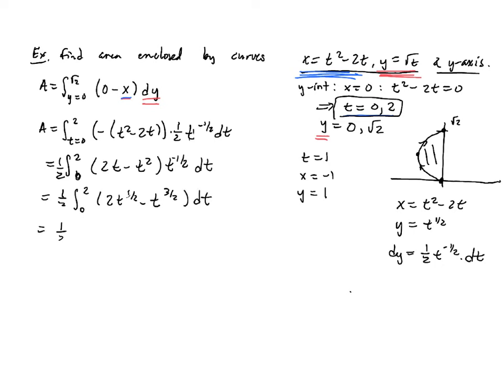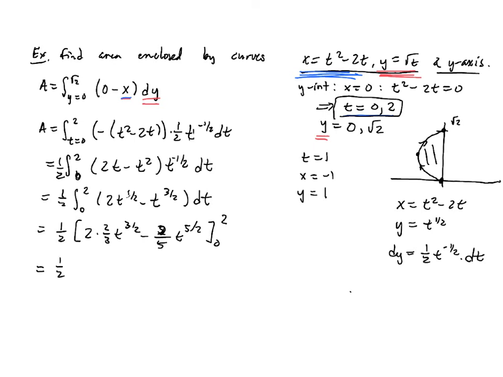And I integrate that. So 2, new exponent is t to the 3/2, so I multiply by 2/3 t to the 3/2 minus 2/5 t to the 5/2, evaluated from 0 to 2.